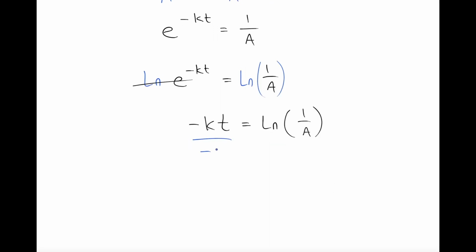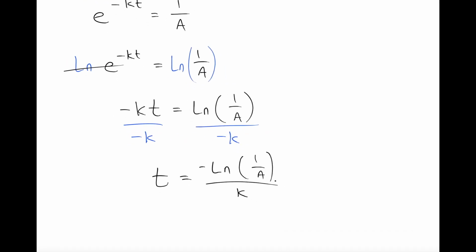Now I'll divide by negative k. This reveals the time at which the logistic function has its inflection point in terms of a and k. The time is negative ln 1 over a divided by k.